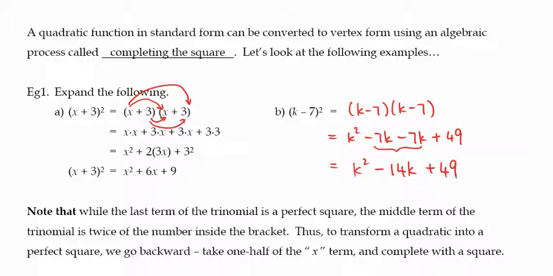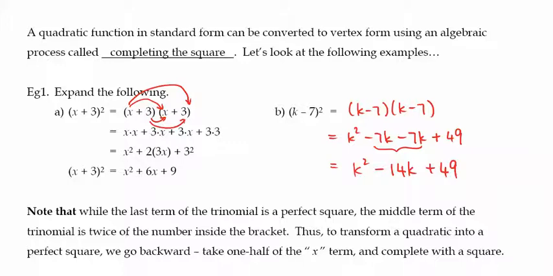So when it comes to multiplying your perfect square, we are getting a pattern in this case. When you multiply this and that together, the k times k, we have k squared.